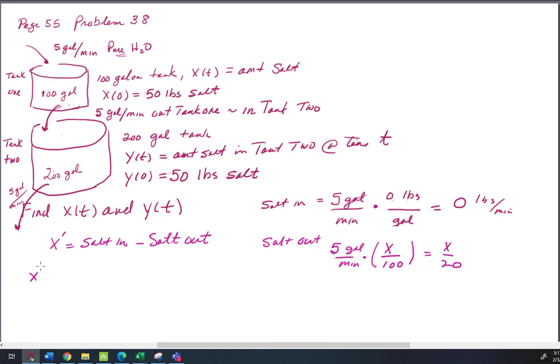So that tells me then that x prime is equal to in minus out, and that's my first differential equation. And this is a variables separable differential equation.